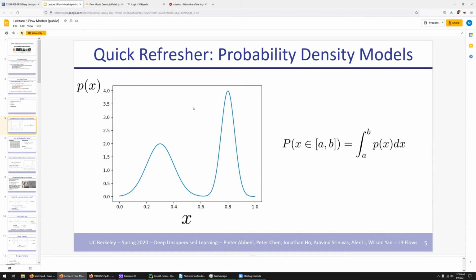Yep. So if P of X was a probability, it would never be 4. That wouldn't make any sense. So it would always be an integral. You'd have this tiny little interval and you multiply it together and it would be a small number. That's how you get the probability, right? It doesn't make any sense to say what's the probability of any given point; it's 0.